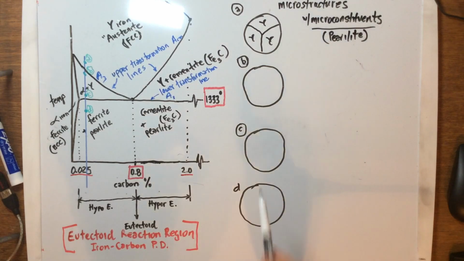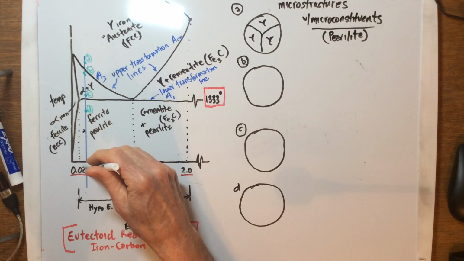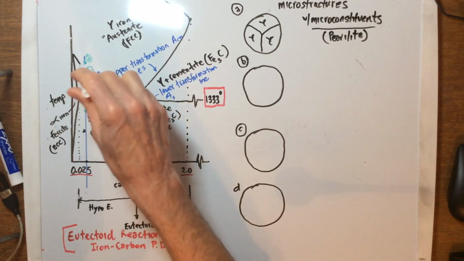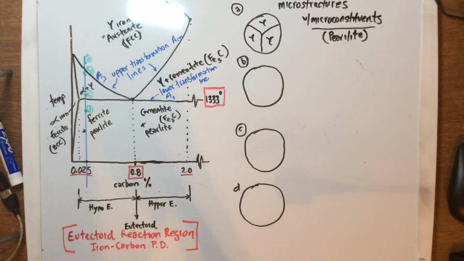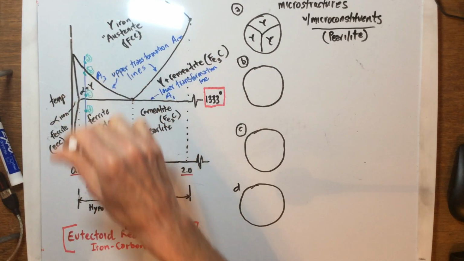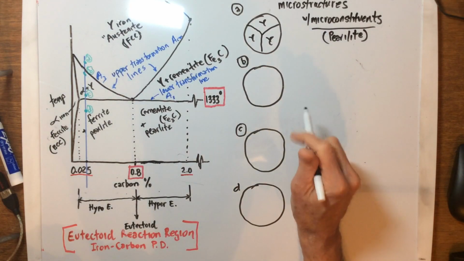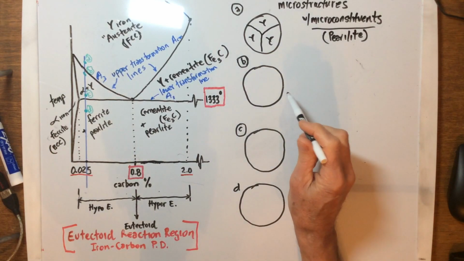Now, what we're doing here is showing these phase transformations taking place based upon a change in temperature and a change in composition. Here we're not really changing the composition. It really doesn't matter what this composition is, but we're not going to change that. But what is changing along this vertical line is the temperature.